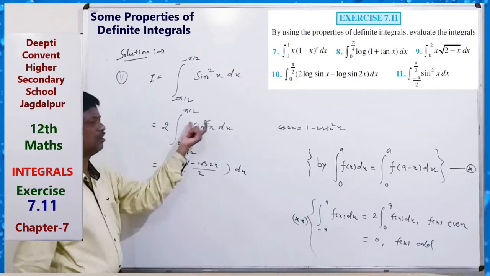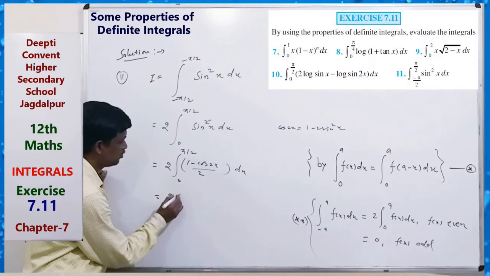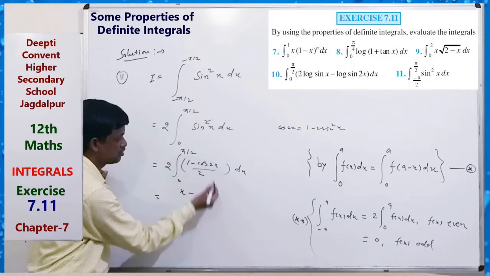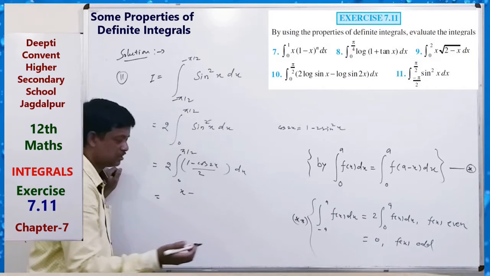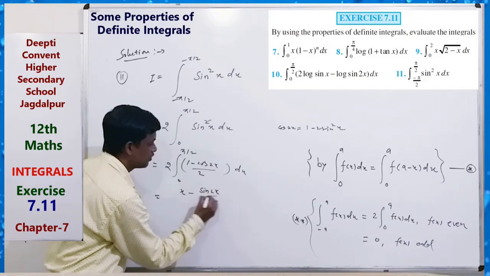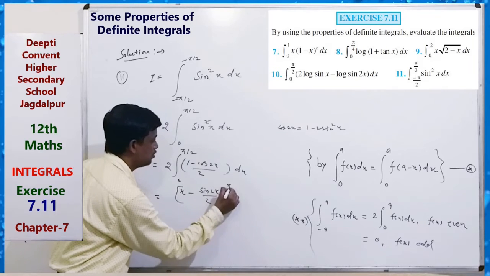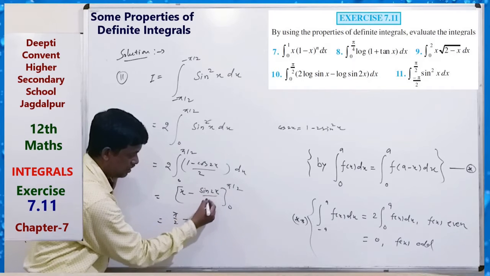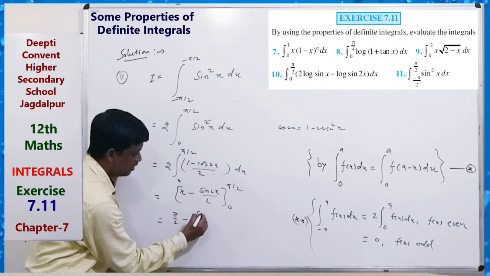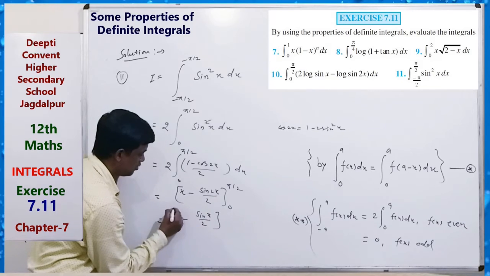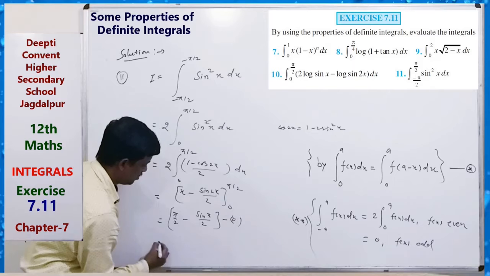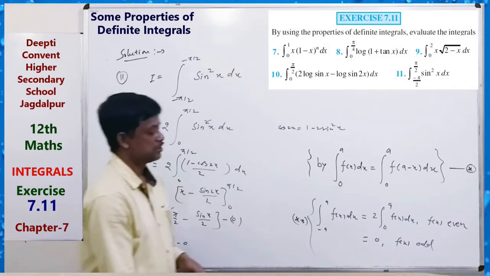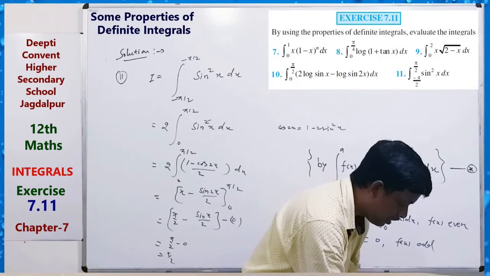This gives pi by 2 minus 0, so the answer is pi by 2. So question 11, the answer is pi by 2.